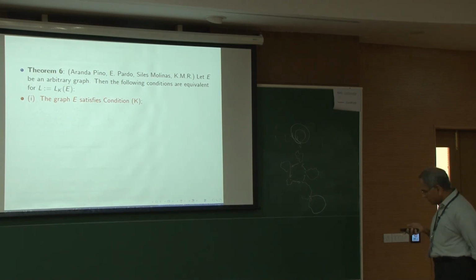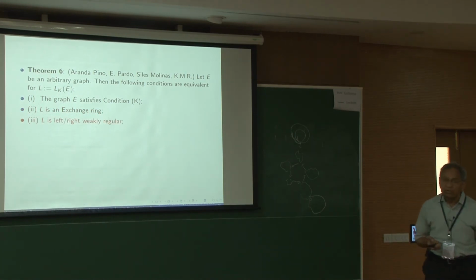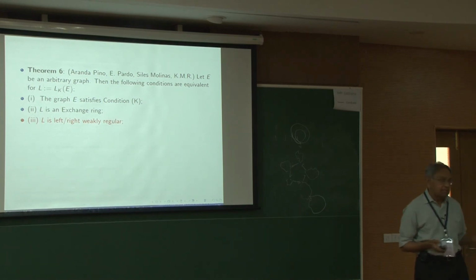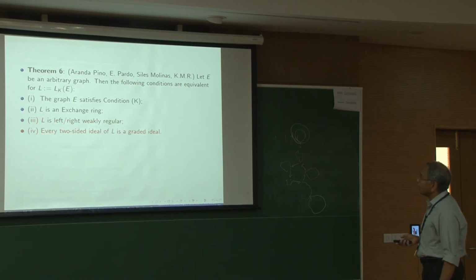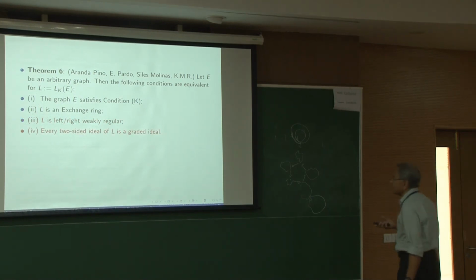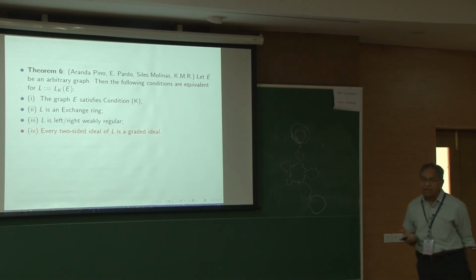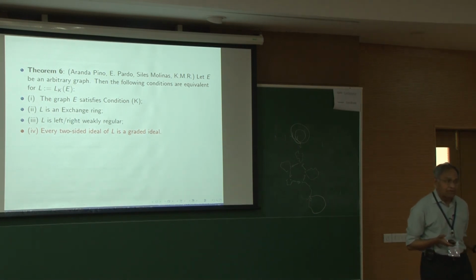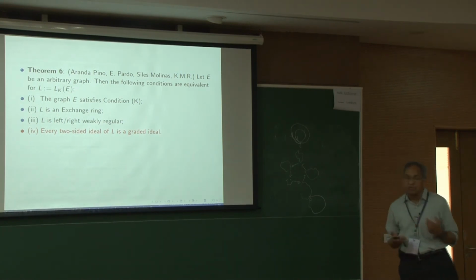So the algebra satisfies condition K if and only if it is an exchange ring, and if and only if it is right weakly regular. Again, you see that a single property gives rise to more than one property. And this is a property that is very useful, which Professor Muni may be talking about later today: every two-sided ideal is always graded, which is a very convenient thing, because graded ideals are always better behaved than non-graded ideals in Leavitt path algebras.